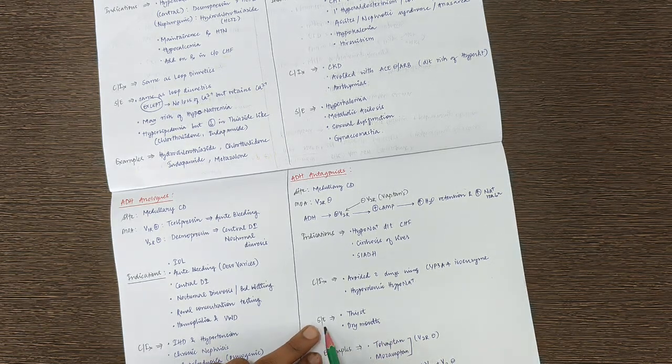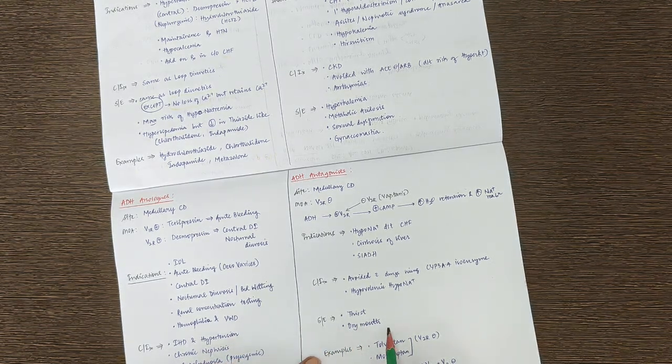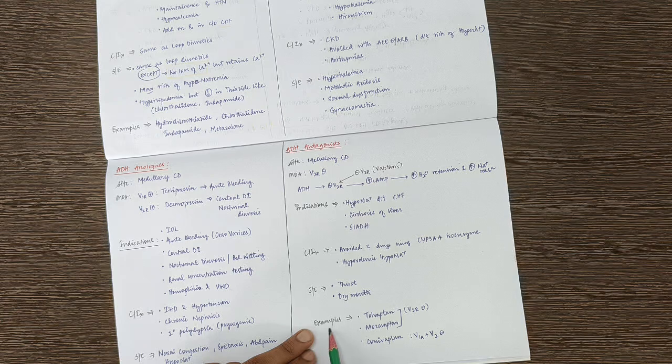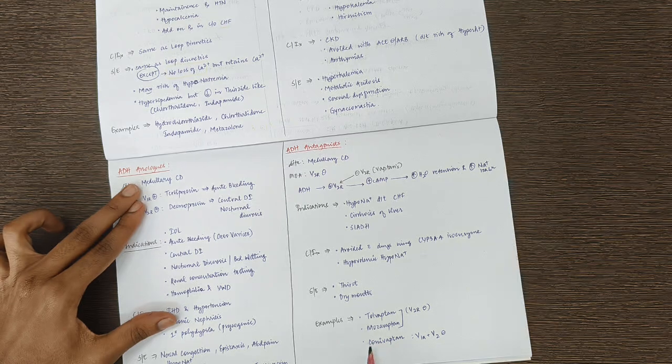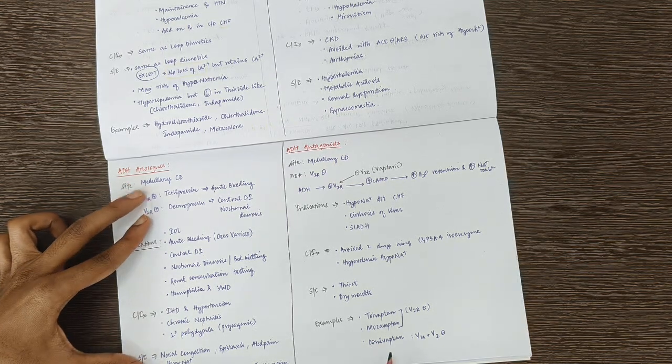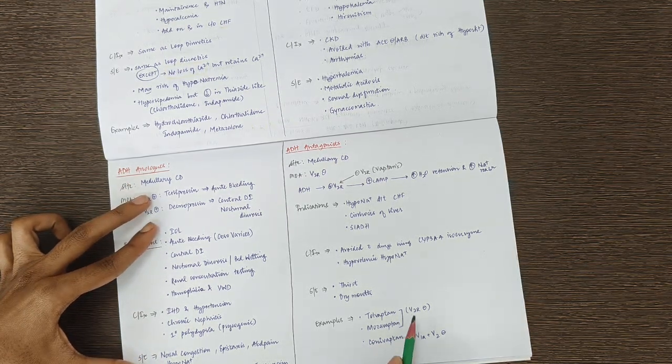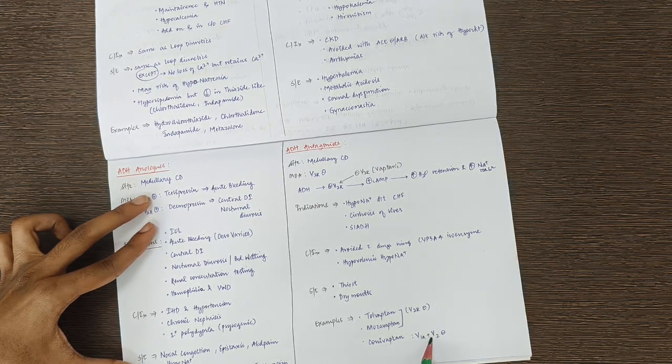What are the side effects? Thirst and dry mouth. What are the examples of drugs? I told you all vaptans come under ADH antagonists. Tolvaptan, mozavaptan and conivaptan are the drugs. The first two are specific for V2 receptors, whereas conivaptan acts on V1A and also V2.